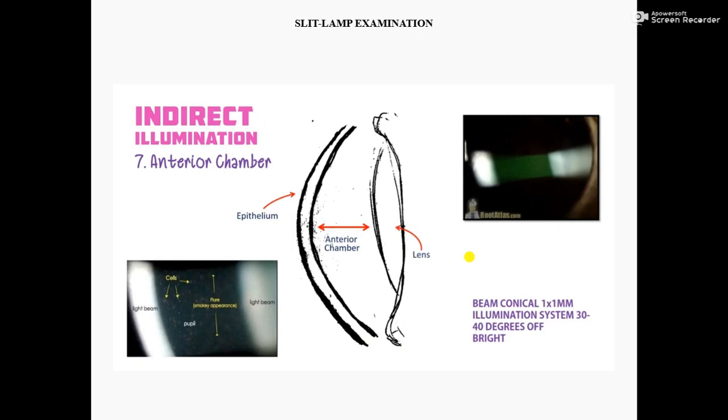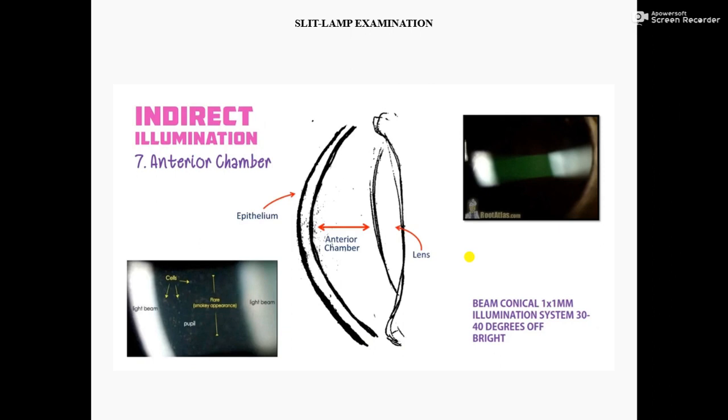This is used primarily for checking the anterior chamber, where if we used direct illumination, we would not be able to see any cells and flare. Here the beam is conical, 1 by 1 millimeter, with the illumination system 30 to 40 degrees off and bright light.